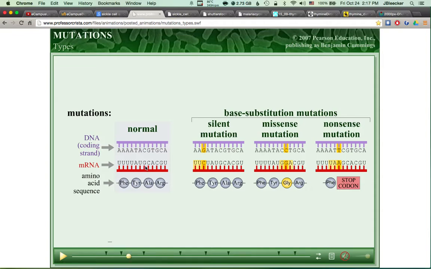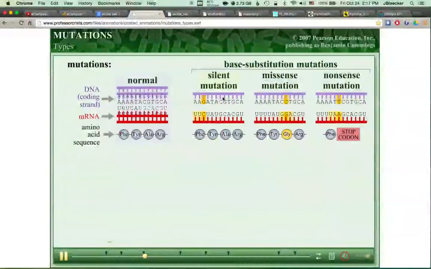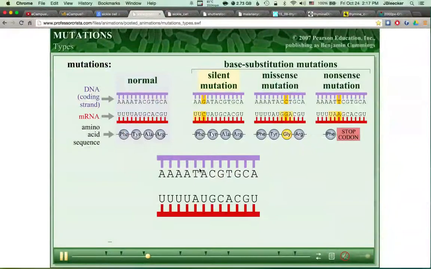Now, there can be what we call point mutations. So in this case, I'll just play this out a little bit here. A silent mutation would be one, and we'll just come up on the marker here, where one of the bases has changed. Now, you're hoping that this single change doesn't have an effect.